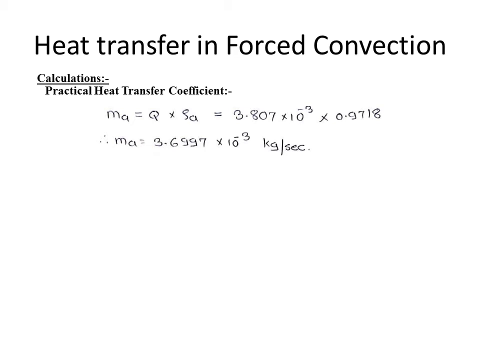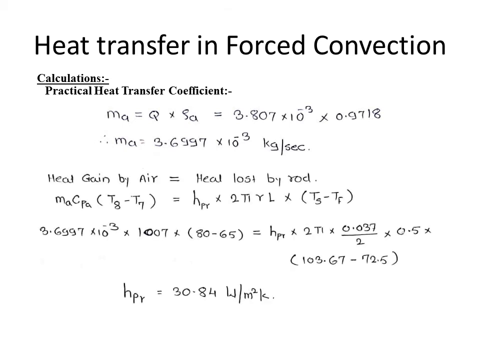The mass of air is equal to discharge multiplied by density of air, and the value is 3.6997 into 10 raised to minus 3 kg per second. Once we get the mass of air, we can calculate the heat transfer coefficient. Hence, the heat transfer coefficient by the practical approach is 30.84 watt per meter square Kelvin.